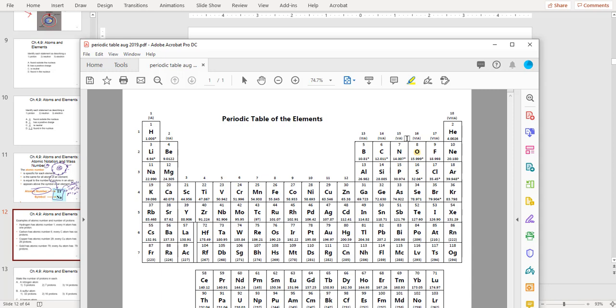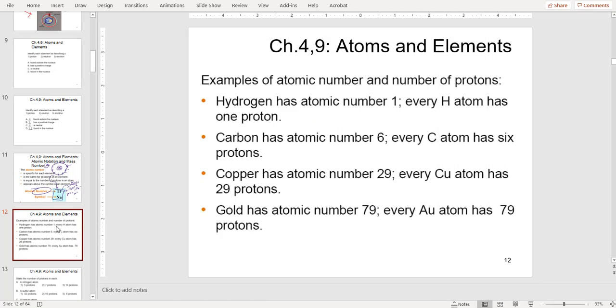Some oxygen atoms within the element will have, for example, 8 neutrons. Other ones will have 9 neutrons. It will actually vary. But you can absolutely know based on the periodic table the number of protons and electrons based on the atomic number.